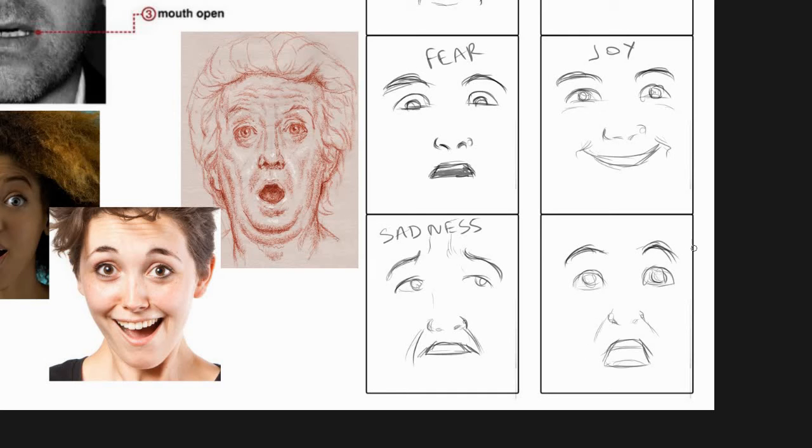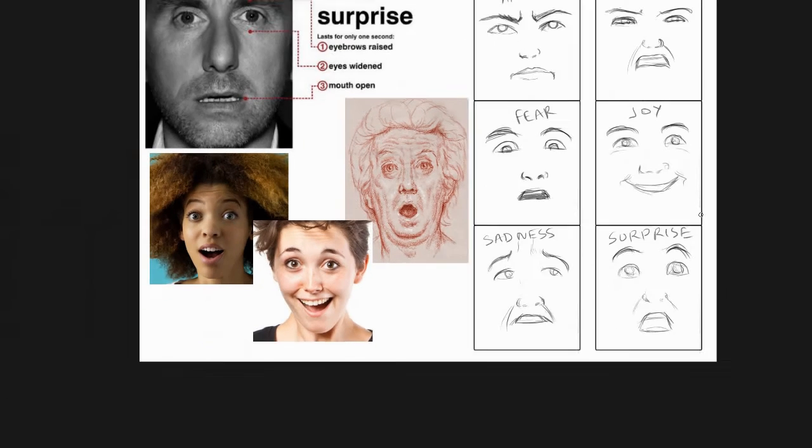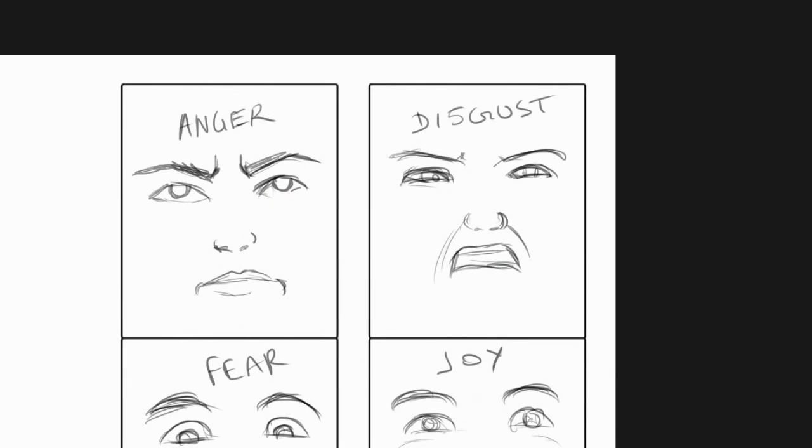After drawing this, I'll go back in and show you a sort of summary of what's going on here. So let's look at it again. The anger, of course, eyebrows together. Let me take a thinner brush.